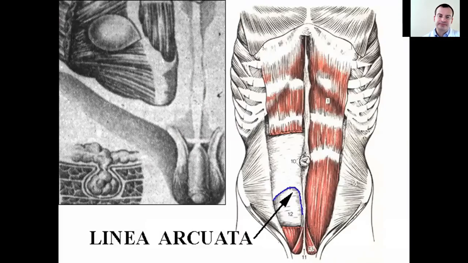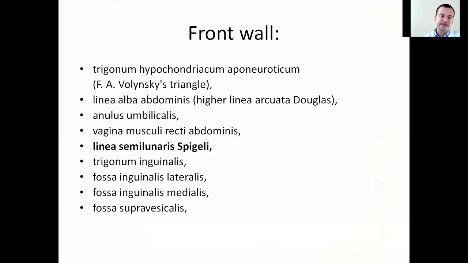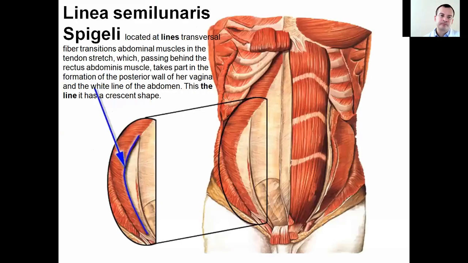Linea arcuata, linea semilunaris Spigeli. It is located at the line of transition of the transversal muscle fibers of the abdominal muscle into the tendon stretch, which, passing behind the rectus abdominis muscle, takes part in the formation of the posterior wall of its vagina and the white line of the abdomen.